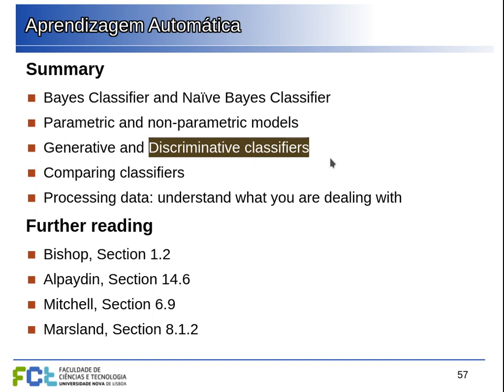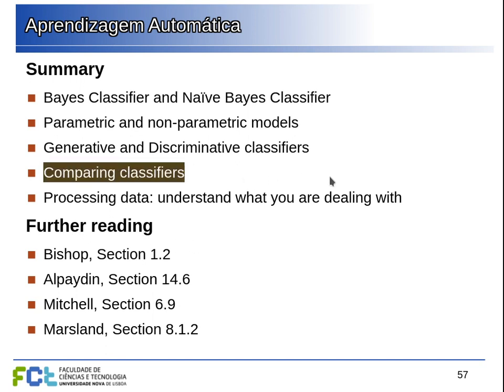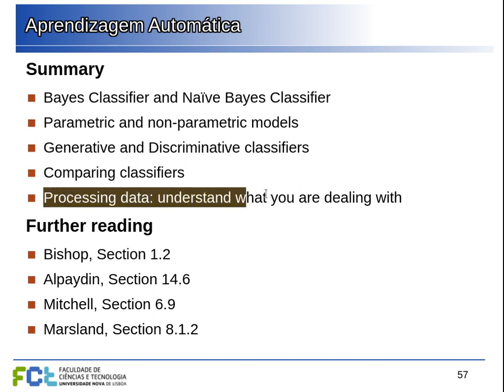So if we know the features, we can estimate the probability of the class. But if we know the class, we don't know anything about what the features should be, so we cannot generate points with that information. We also saw a bit about comparing different classifiers to get an idea of whether or not they are different in a statistically significant way, and also processing data.